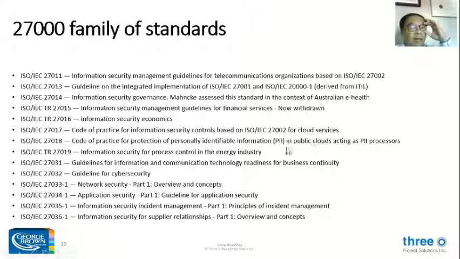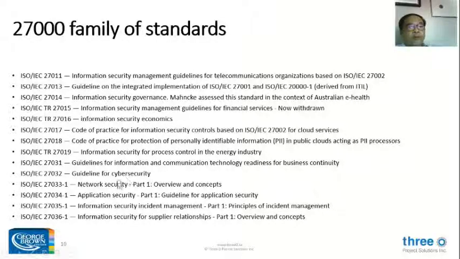I wanted to show you something like public cloud, 27018. It's a code of practice for personally identifiable information in public cloud, acting as a PII processor. These are very specific if you deal with a lot of personal information, and I think this one is especially good for GDPR. GDPR, you may or may not know, is the new privacy law in the European Union.